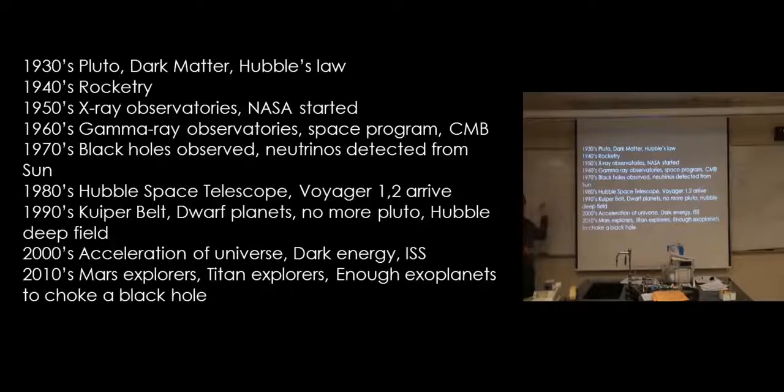What do you notice about this timeline, especially compared to the Dark Ages in Europe? It's very compressed. And just like Galileo and Copernicus, it's kind of driven by a couple of realizations about technology. Namely, we have access to all parts of the electromagnetic spectrum and gravity waves as of a couple of months ago.